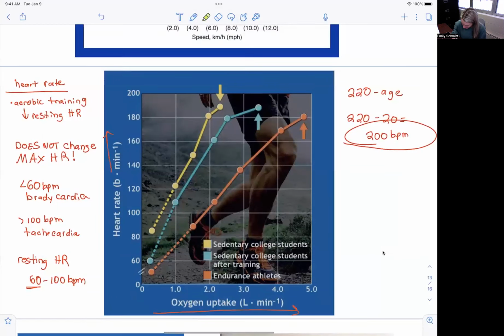Whether you are sedentary before or after training, look, your max heart rate is always going to be the same. Now, again, how you get to that max heart rate will be different. So the sedentary college students will reach that heart rate at a less oxygen uptake compared to the endurance athletes that are over here at the 5 liters per minute.